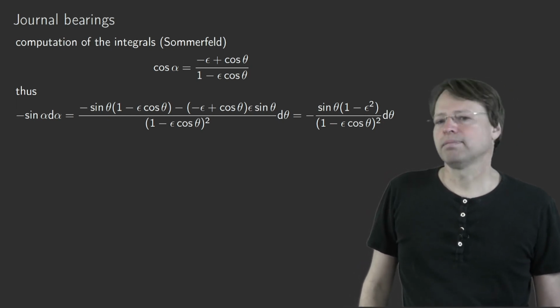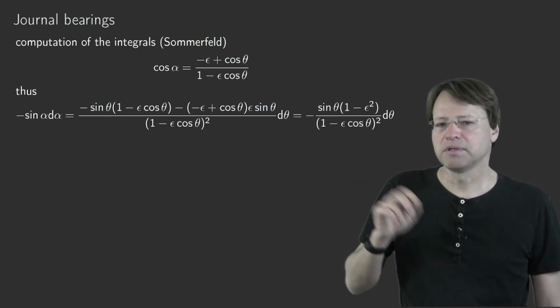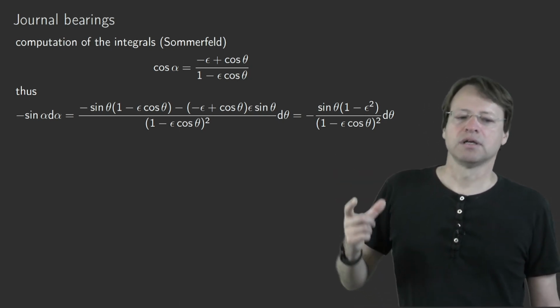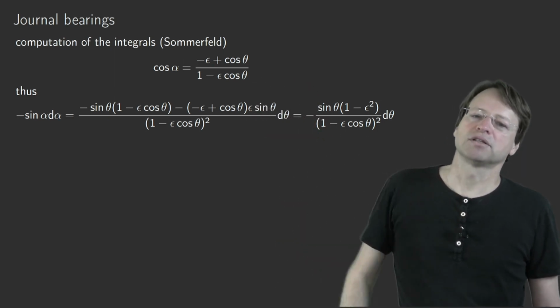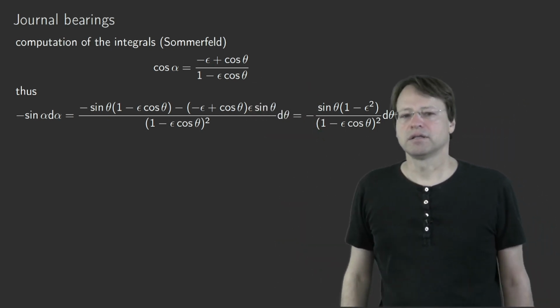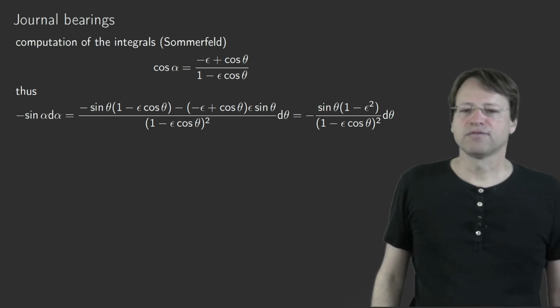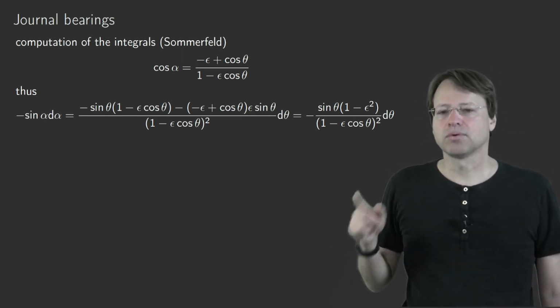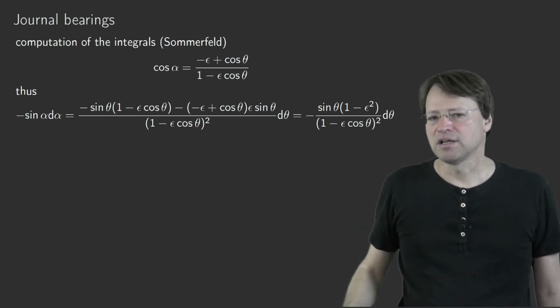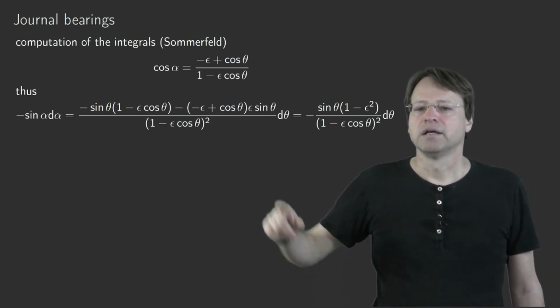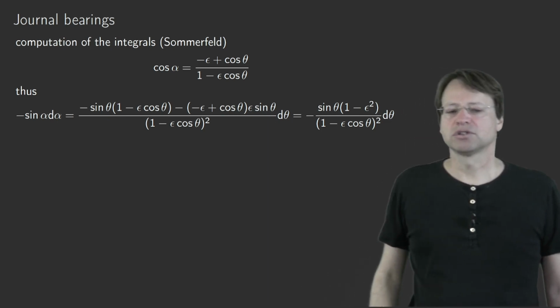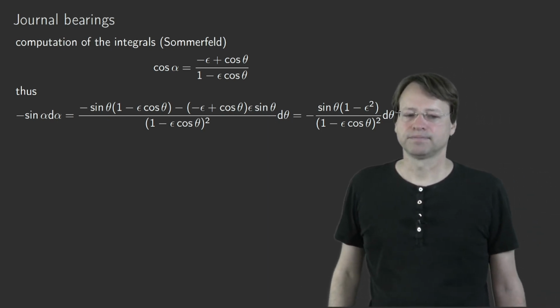Now there could be, of course, and will be some terms in cosine theta, in sine theta, and also a remaining 1 minus epsilon cosine theta in the denominator possible. So we have to express these terms, cosine theta, 1 minus epsilon cosine theta, and sine theta, by appropriate harmonic functions of the angle alpha.